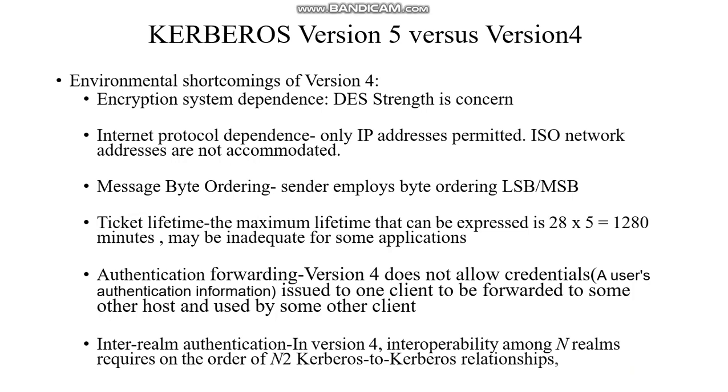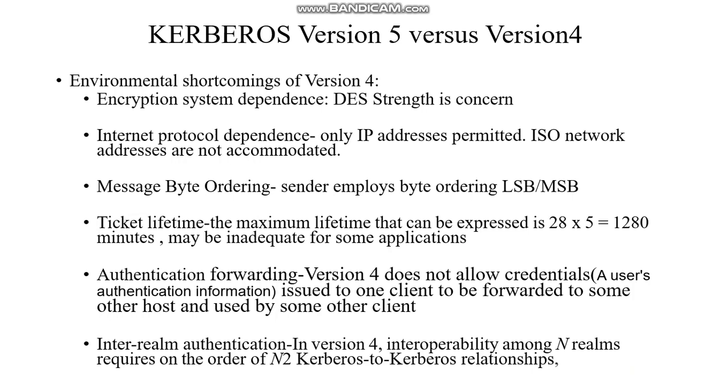The problems with version 4 of Kerberos are, number one, encryption system dependence. That is, DES is used for encryption, and the strength of DES is a concern. That dependency is one of the shortcomings.